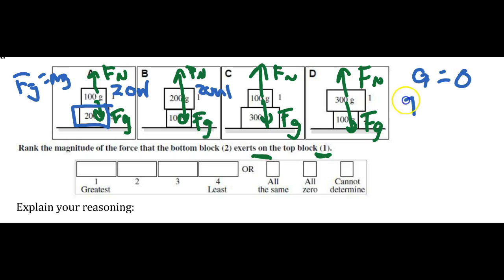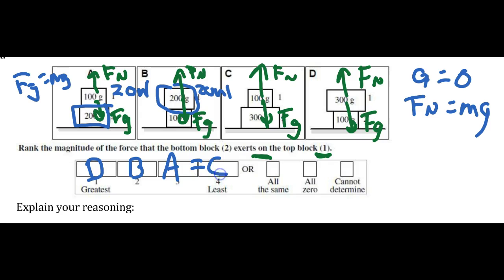So for all of these, Fn equals mg. The one with the greatest mass will have the greatest force normal. So I would say D has the most mass on the top, which is greater than B, and then the next greatest is A, which equals C.